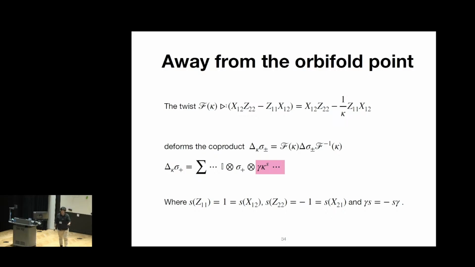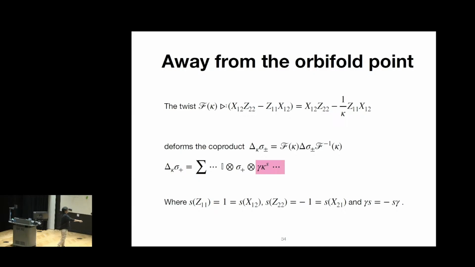So all that happened with respect to the previous equation is that I dressed my guys. By the way, again, this is only for the SU2xZ. If you want to go to the full SU4, pain starts. So you simply dress by kappa to a power, and this power is an operator that asks the field what is your first open color index, and you get 1 if it's 1, and you get -1 if it's 2.